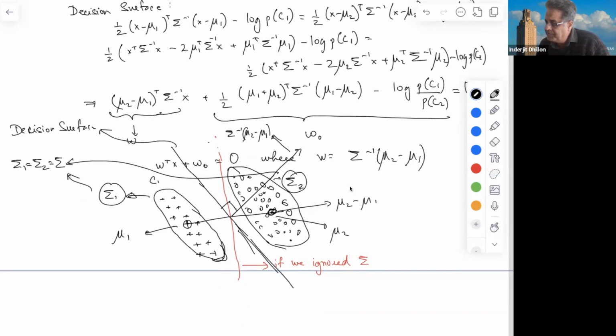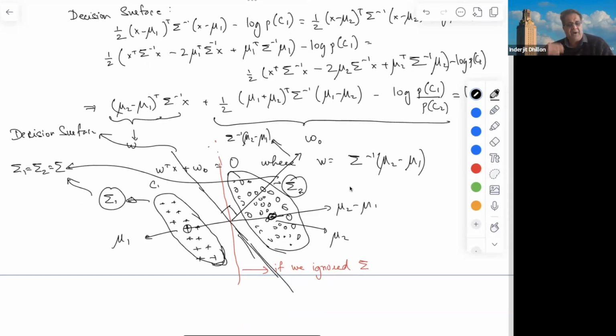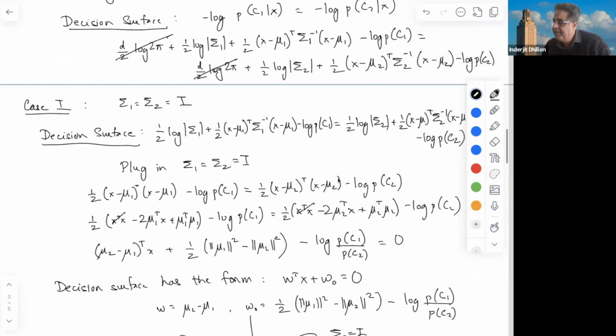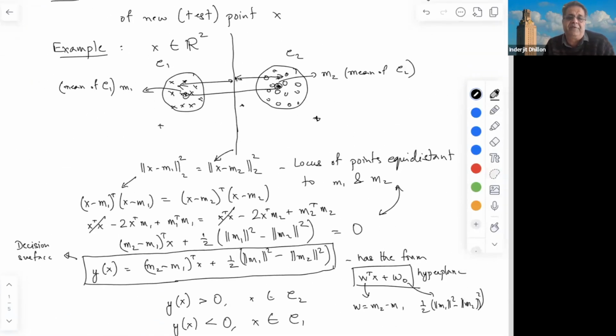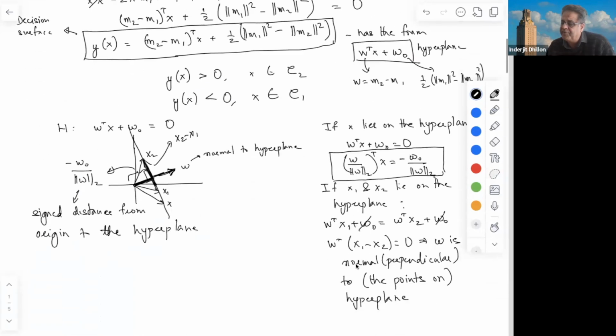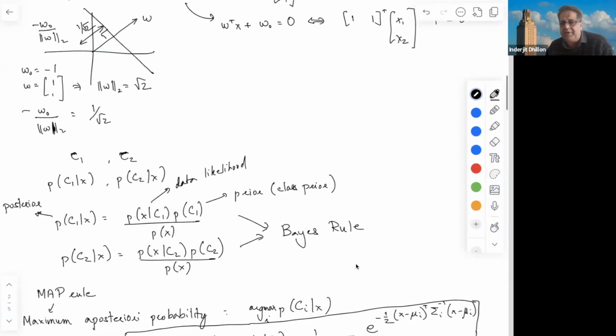Okay, so you've now seen a case where, by doing probabilistic modeling... so what have we done so far? Just by intuition, in the beginning, we said, hey, we'll just take the mean and think of the decision surface as a perpendicular bisector of the line joining the two mean vectors. We got a simple decision rule, and we saw that there is a geometric interpretation in terms of hyperplanes.